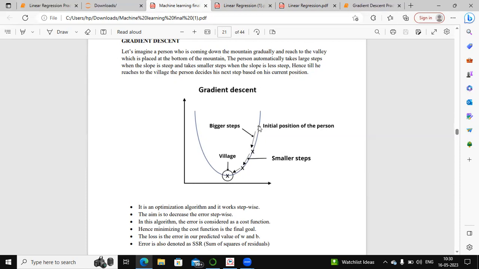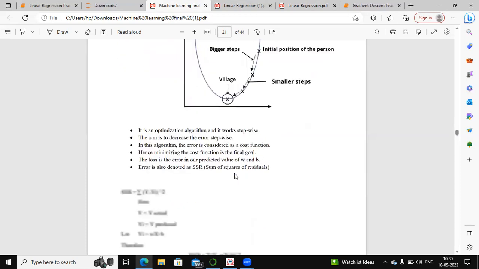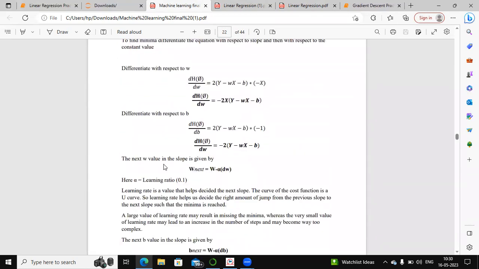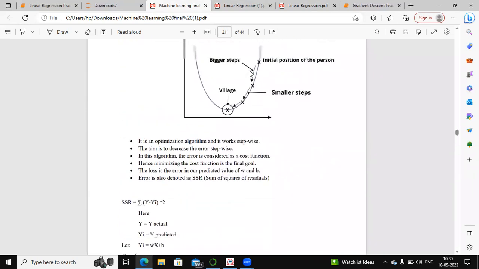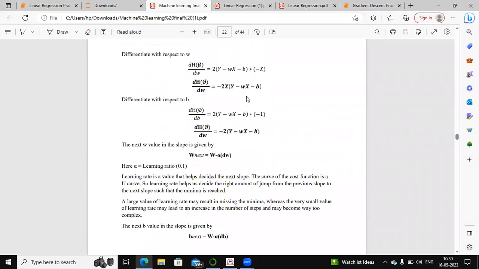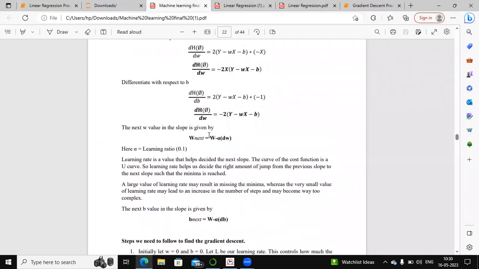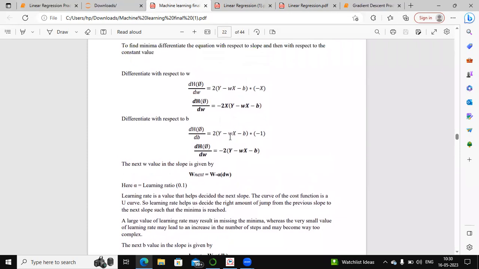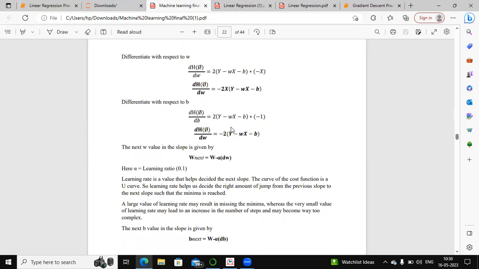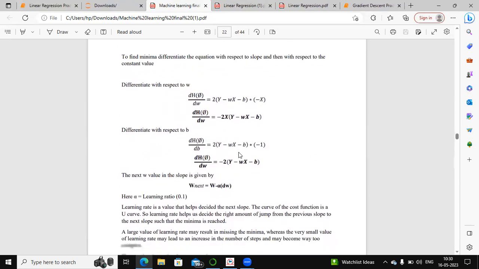The next value of slope is w next equals current value of w minus alpha into dw. Alpha is the learning rate, and dw is what we differentiated with respect to w, the change in w. I will repeat once.